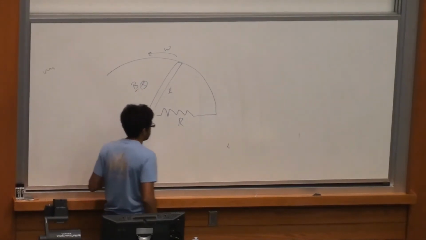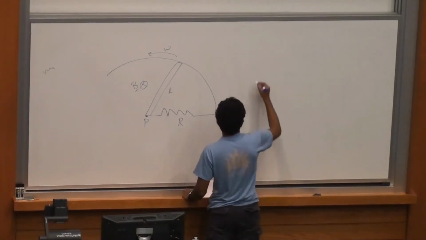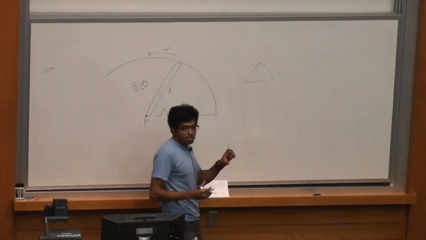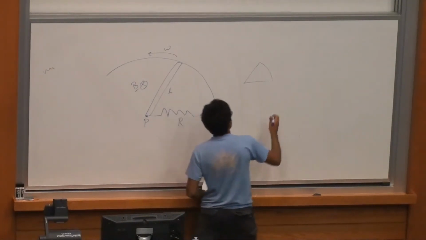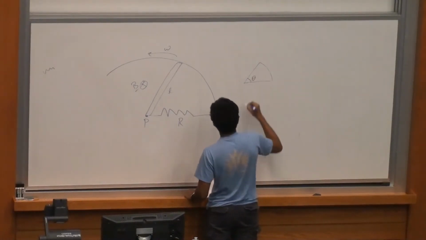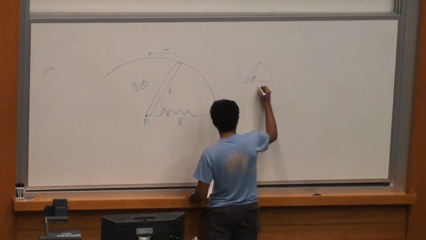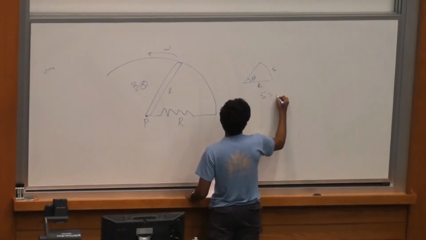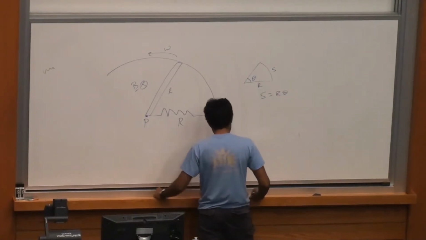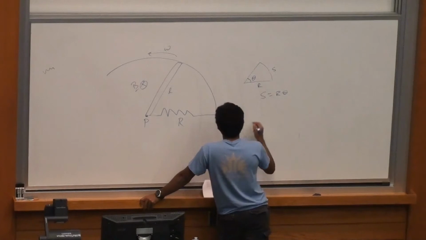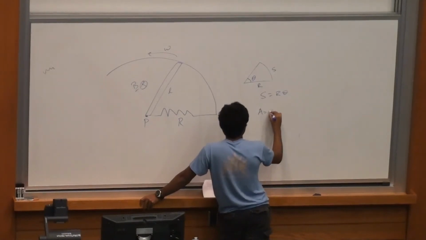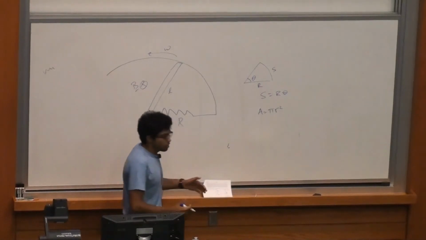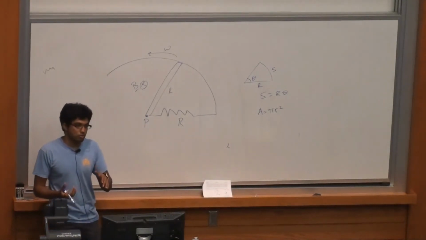Now, this particular formula that you guys should know might be useful. If I have some piece, some wedge, some arc, with some angle theta and some radius r, I'm looking at some arc s. The arc length s equals r theta, right? And the area of the full circle is pi r squared, but I'm looking at a fraction of the actual circle.